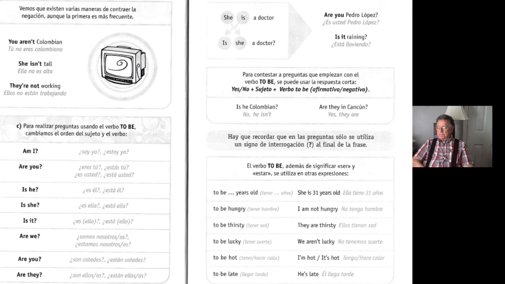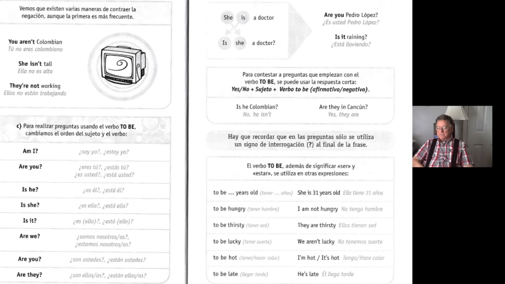To be is also significant in meaning of ser and estar. Okay, to be 31 years old, you would say, or make a question. She is 31 years old. Ella tiene 31 años.